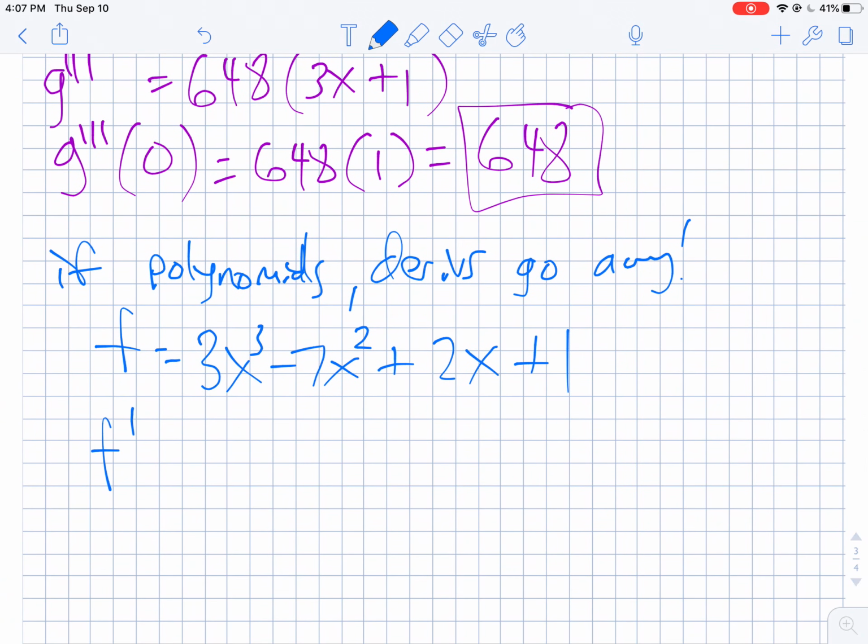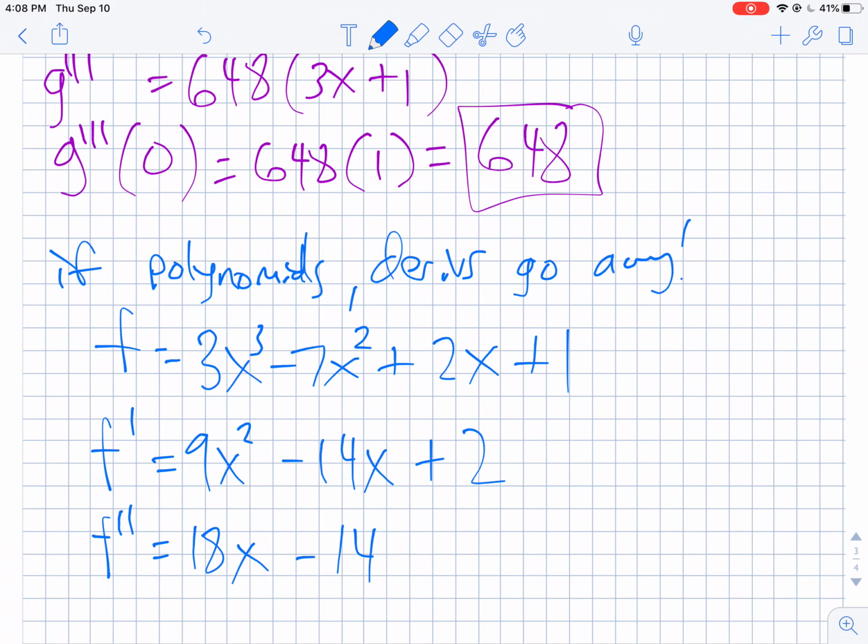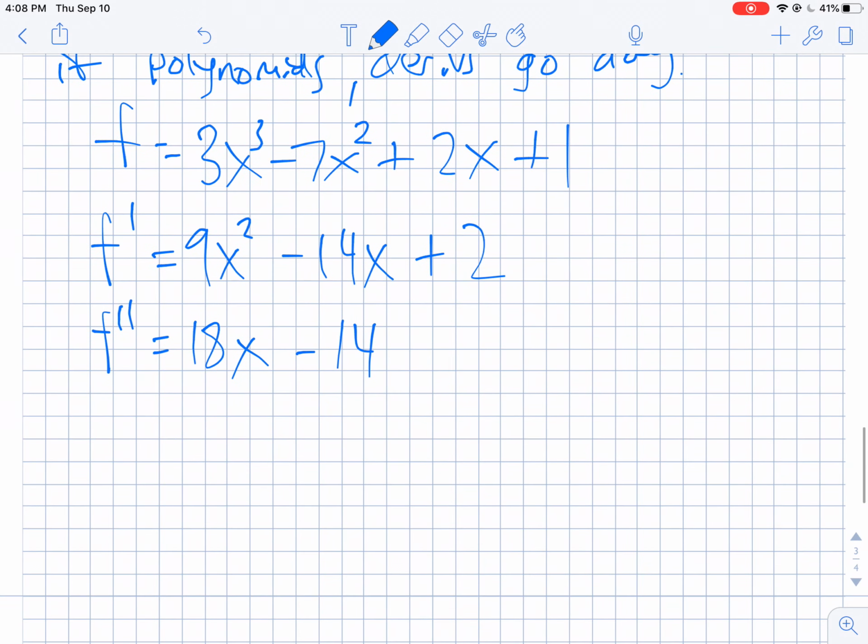So your first derivative is 9x squared minus 14x plus 2. Your second derivative is 18x minus 14. Your third derivative is 18. Your fourth derivative, and a lot of times here we just might write a 4 in parentheses instead of doing a bunch of tally marks, is 0. Your fifth derivative is still 0, and if you keep taking derivatives, you get 0.